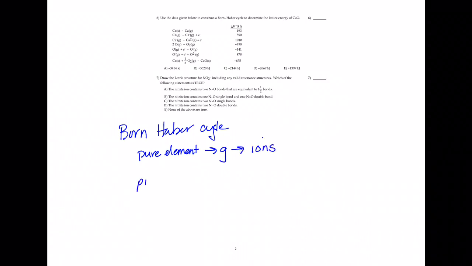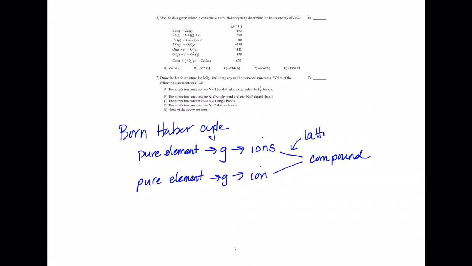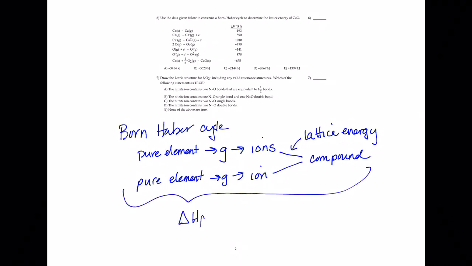And you would do that for each element. Then when you've gotten them into ions, you would make them into a compound. And this process here represents the lattice energy. And all of the energies together add up to be the delta H of formation.